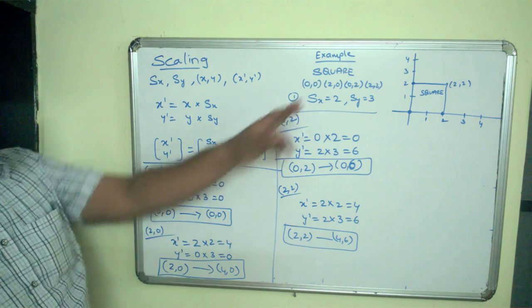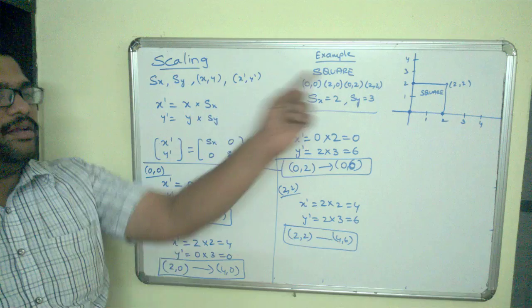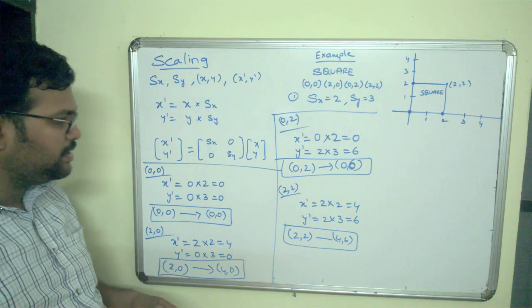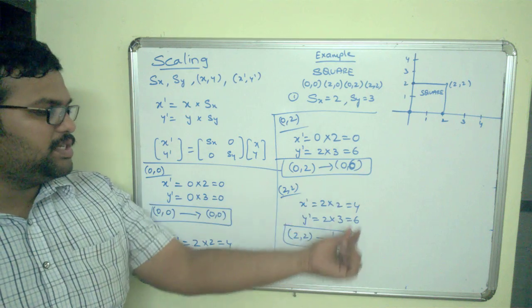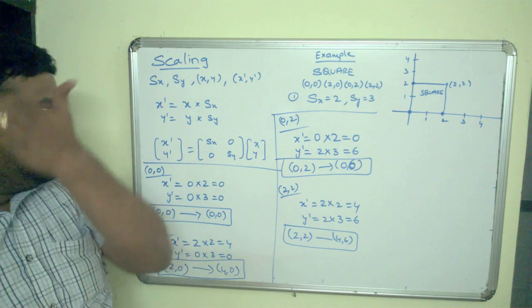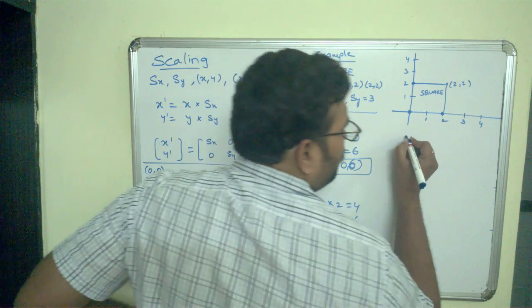So after scaling the given square with 2 and 3 units towards the x-axis and y-axis, we get the points 0 comma 0, 4 comma 0, 0 comma 6, 4 comma 6. Now again draw the graph.